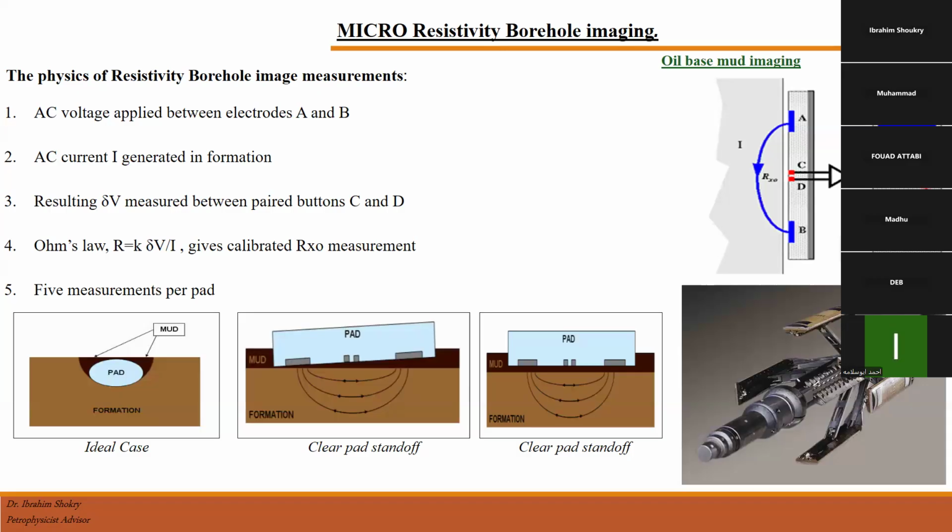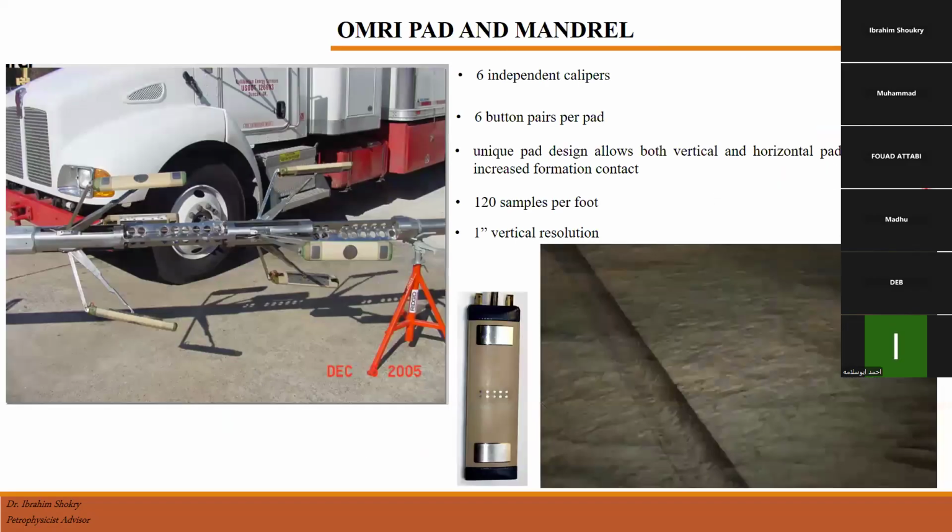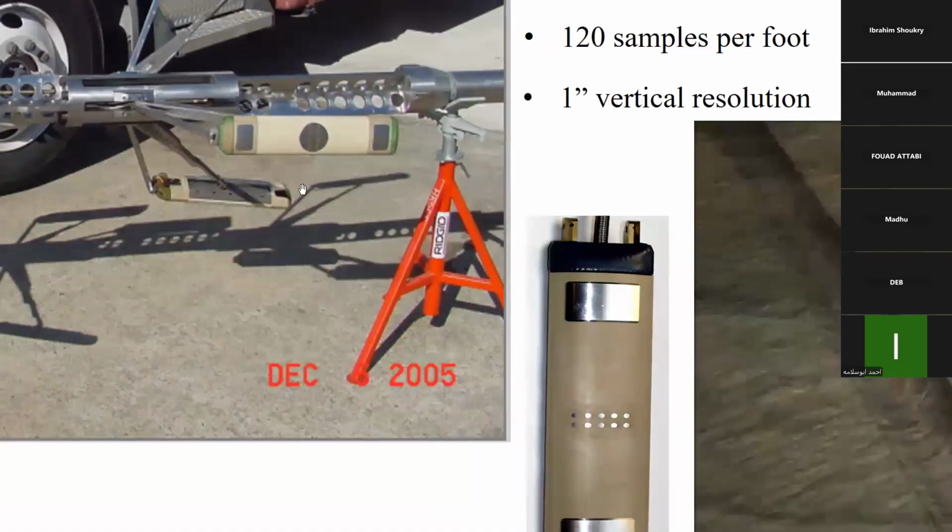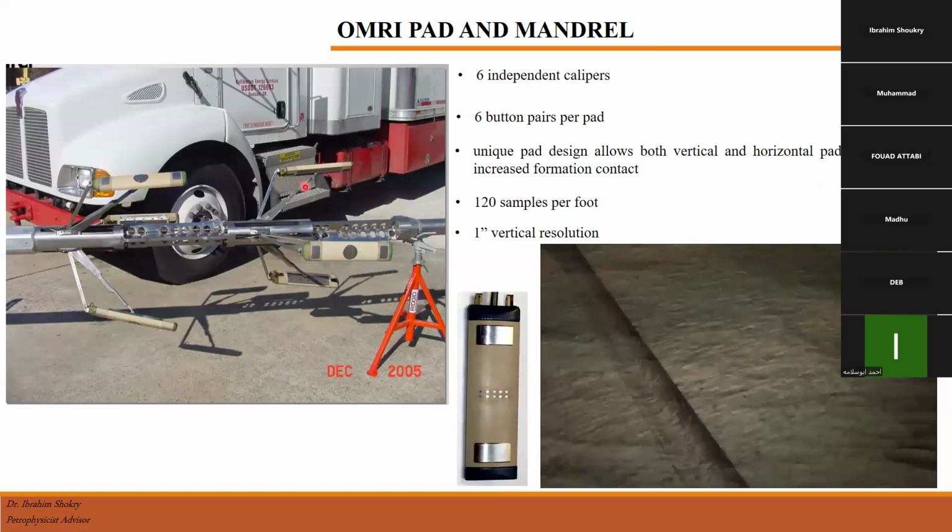This is an example of the OMRI tool pad, the oil-based mud imager, which is from Halliburton, for example. In this tool, we have 6 pads. Those 6 pads are separated with 3 feet spacing.